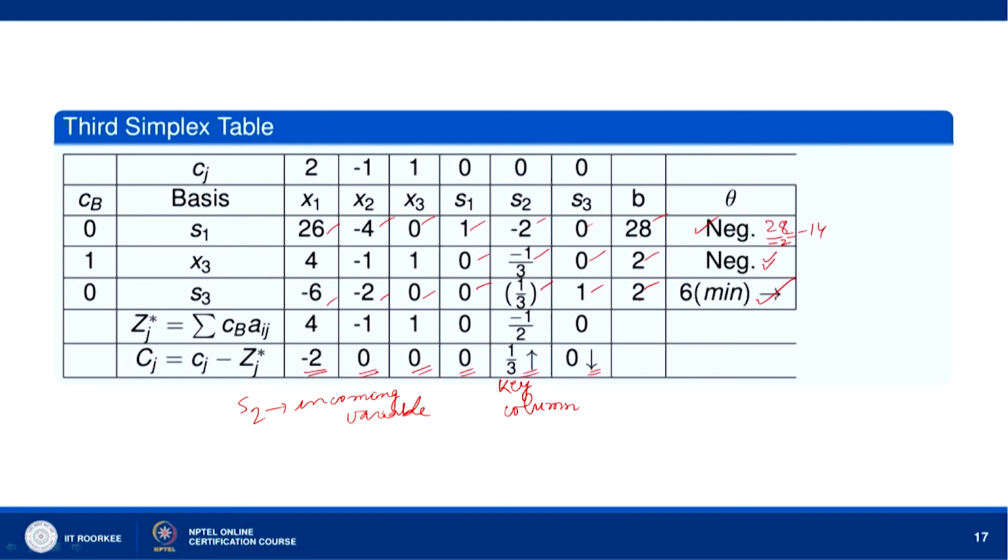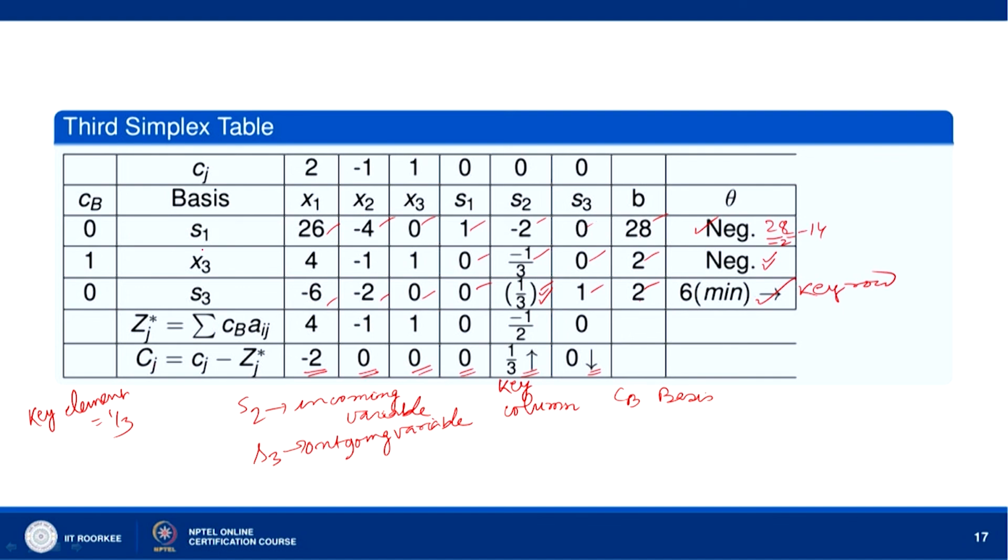So, this is our key row and this is the key element. The key element is 1 by 3. This means that S 3 will be the outgoing variable. We will now have the C B column as basis.